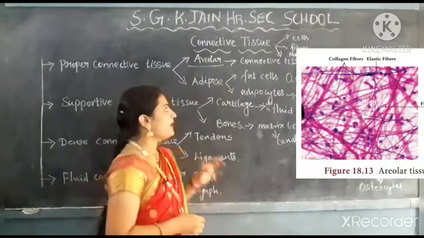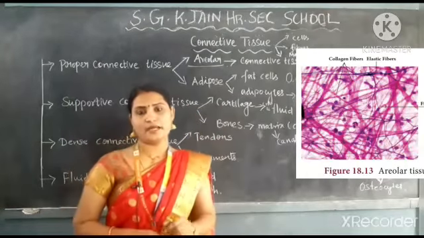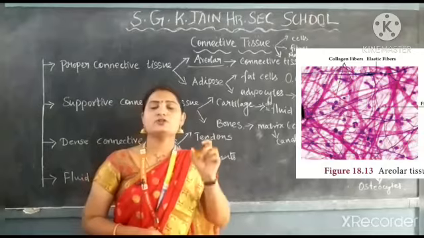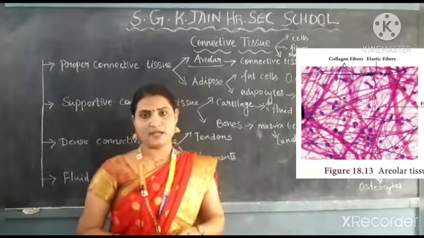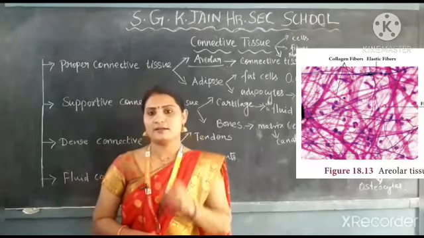Understood? Then what is the role of this areolar connective tissue in our body? It connects the skin to the underlying muscles, and also it fills the space inside the internal organs.